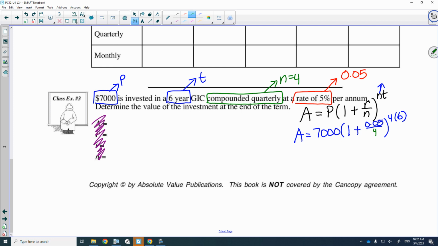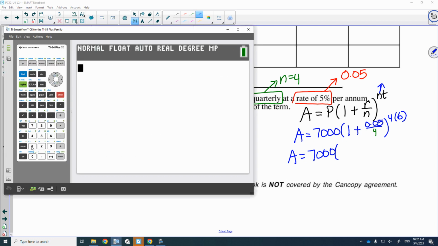Okay, let's figure out what the B value is. Amount earned is going to be 7,000. Our rate, we're getting 5% a year, but we're getting paid in quarters.